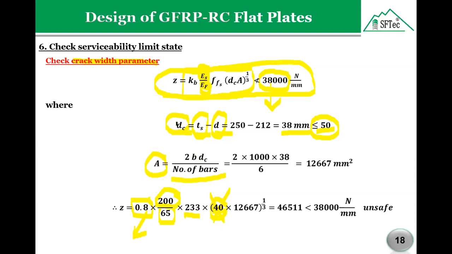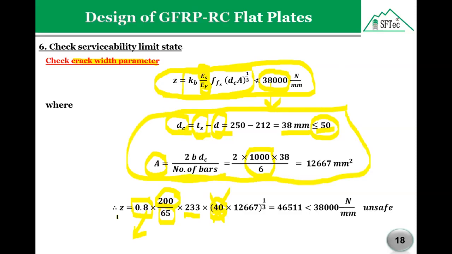DC is calculated from this equation, and we assumed using 6 bars number 5, so the number of bars in our strip of 1 meter is 6. So here A equals 12,667 millimeter.